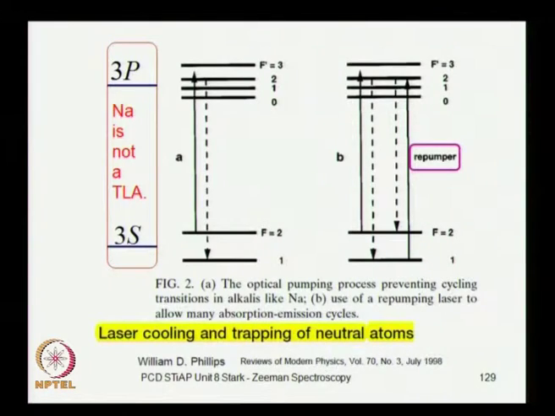These are some of the tricks which are used. There is a lot of detail that one has to work with, and this is certainly not an easy task, which is why it ends up fetching a Nobel Prize. I strongly recommend that you read this article by Phillips.